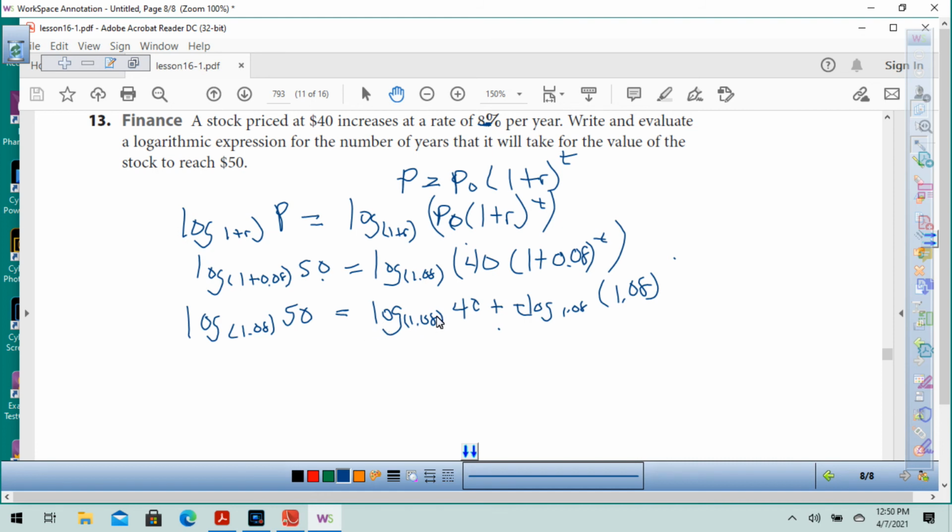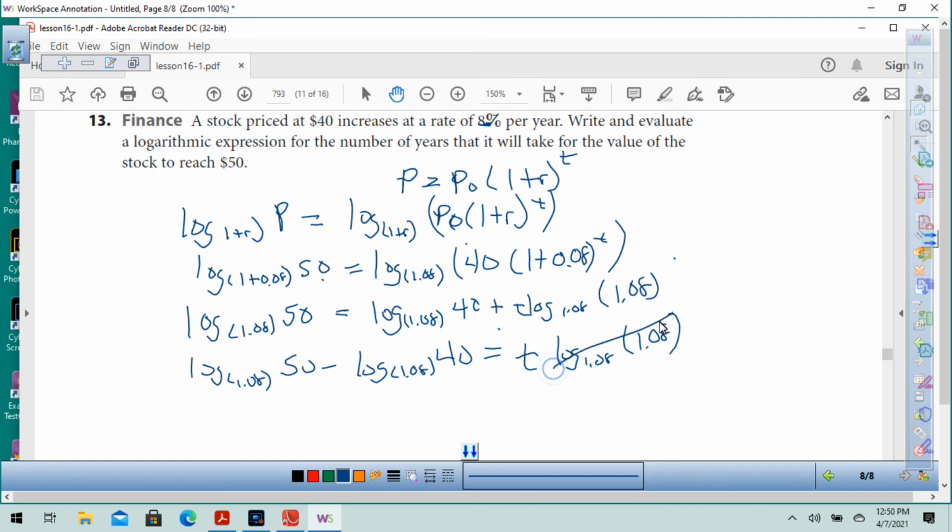I can subtract this, and I get log 1.08 50 minus log 1.08, 40 equals t log 1.08, 1.08.